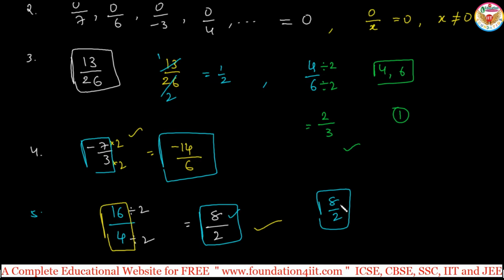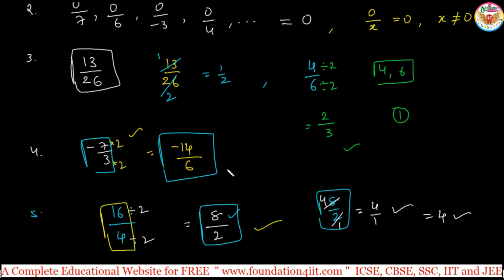So this is not a standard form of rational number because for 8 and 2 we have the common factor 2. You can cancel: 2 ones are 2, 2 fours are 8. So 4 divided by 1 is nothing but 4. So this is also a rational number, right? So we need to make it into standard form, meaning we need to write it without any common factor, right?